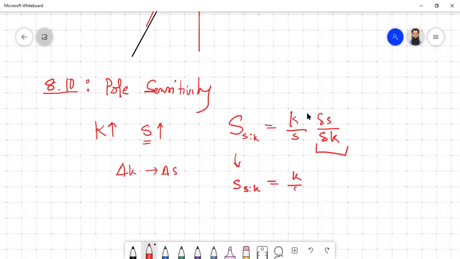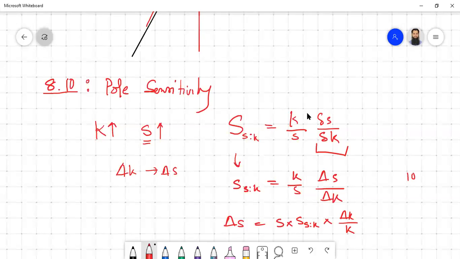So K by S times del S by del K. In that case, the formula for del S will be S times the sensitivity of S with respect to K, times the change in K, so del K by K. Say a 10% change in K means del K by K equal to 0.1.